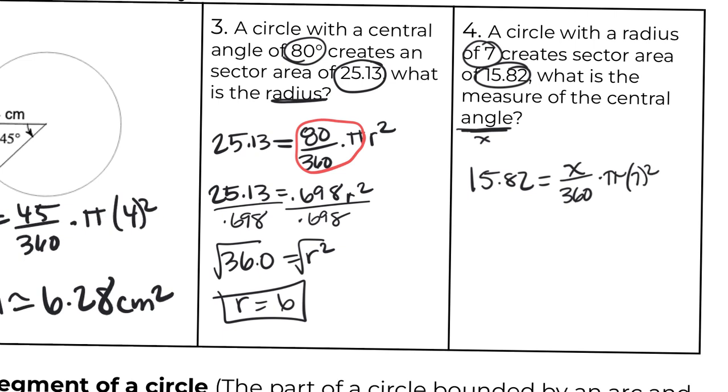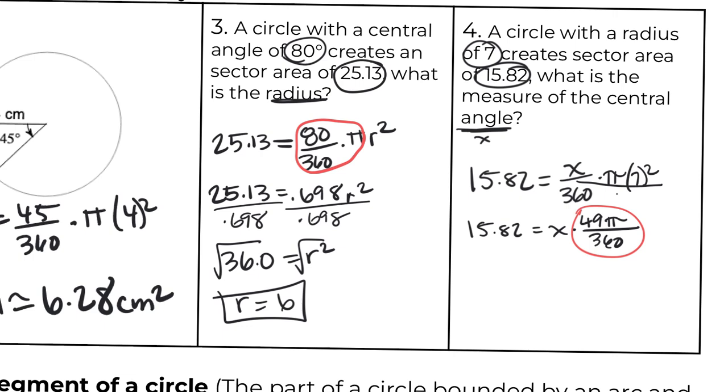Okay, I'm going to rewrite this as 15.82 equals x times 49 pi over 360. In case you're wondering, because this is all being divided by 360, I just moved it over here and put x by itself. That just makes it easier for us to see.